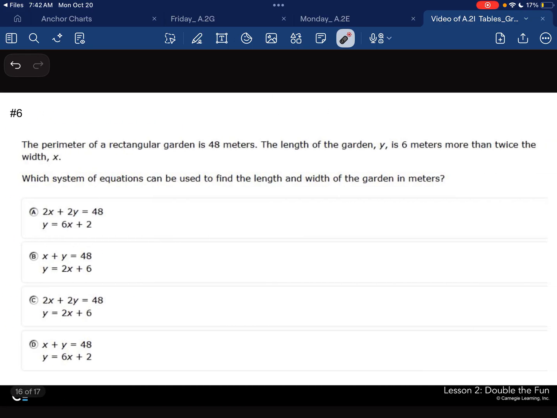All right, I want you guys to go ahead and try this problem. This was actually one of our star questions from last year. Looking at this question, the perimeter of a rectangle is 48 meters.